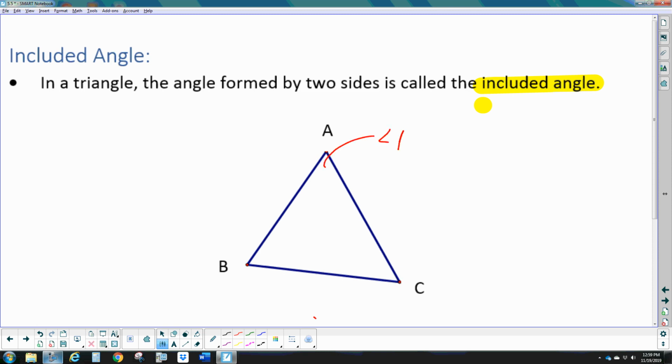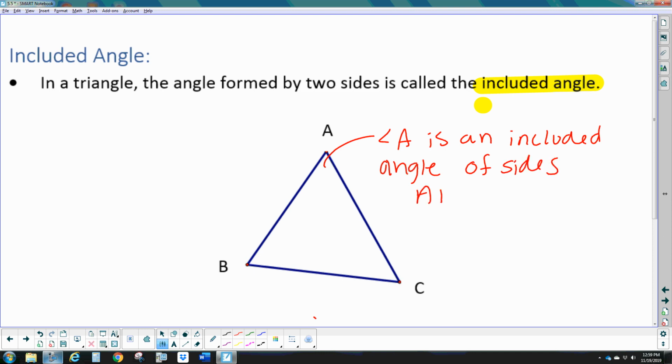So for example, angle A is an included angle of sides AB and AC.